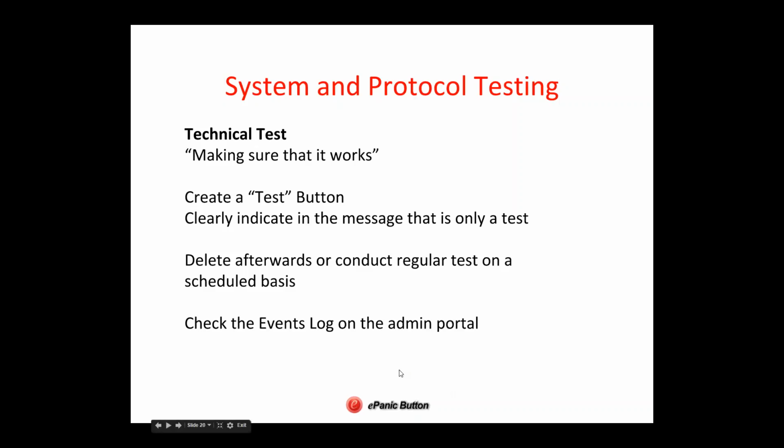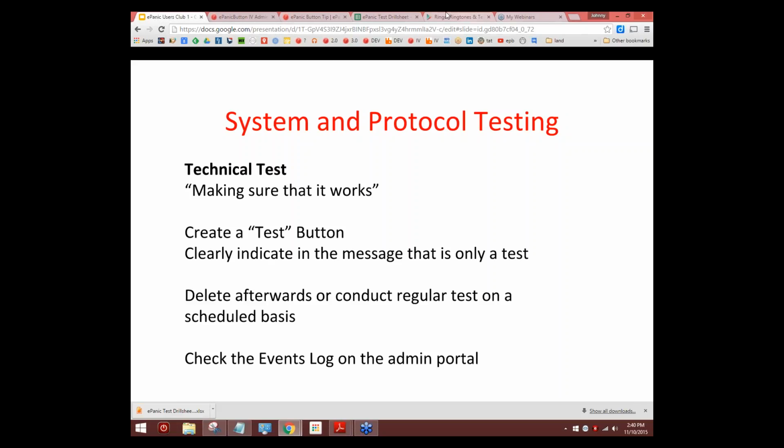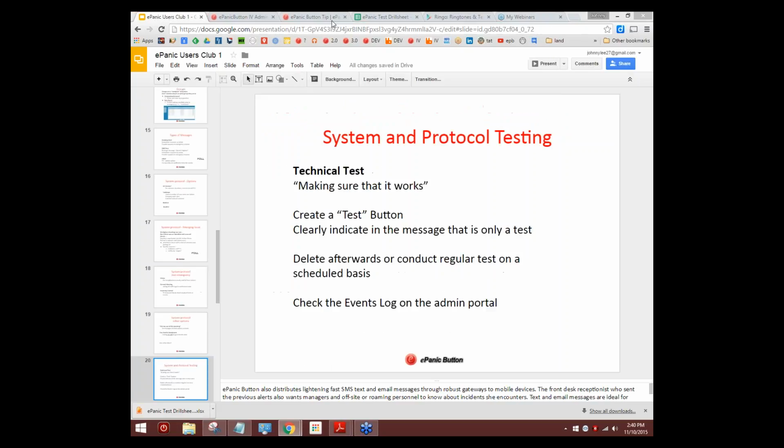As you could tell, I'll show you later, with my profile, I fill in all my fields saying test, and so I was doing some testing for someone, and then it's really obvious it's not an emergency. Now, of course, you can always do this regularly as you see fit. The one thing I would do after you test it is, on your end, you can always look at events.